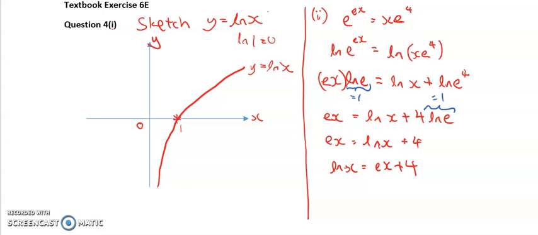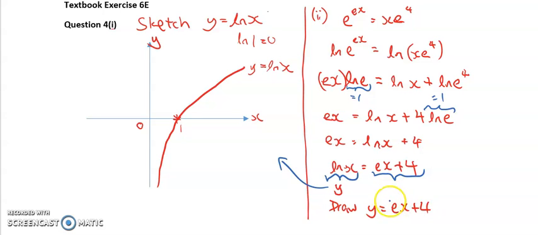this is our graph in part 1, which we have already sketched. What we need now is to sketch this graph. If you recall, in part 1 the equation is y equals ln x, so this is y equals x. So we need to draw in the diagram y equals x minus 4, ln x equals x minus 4.